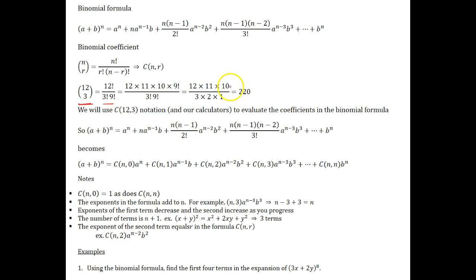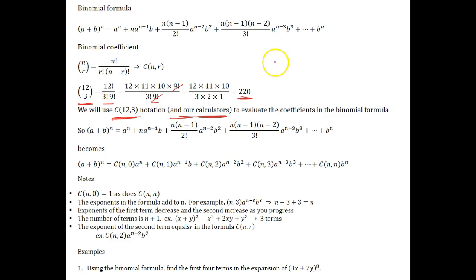On the bottom, it's 3 factorial times 9 factorial. The 9 factorials simply cancel. You multiply 12 by 11 by 10 and divide by 3 factorial, which is 6, and you get 220. That's the way you would work it out without a calculator.